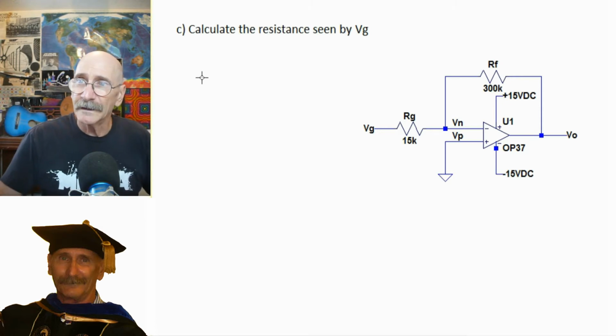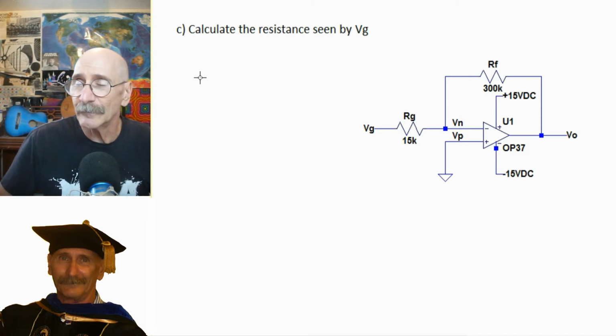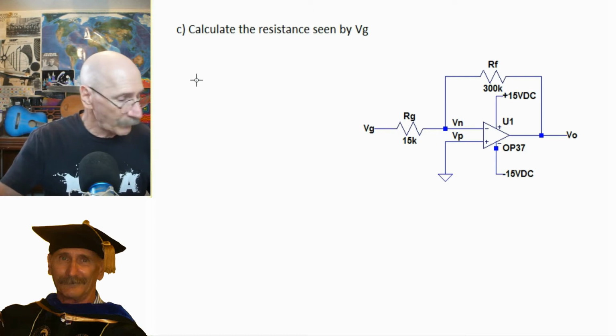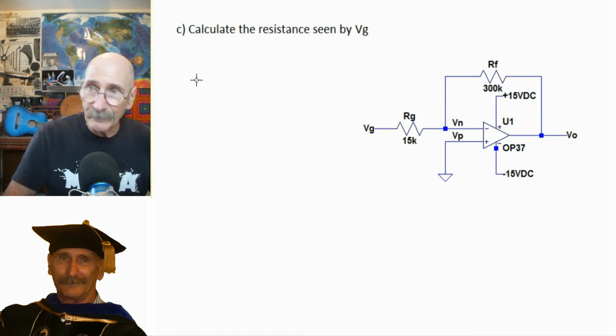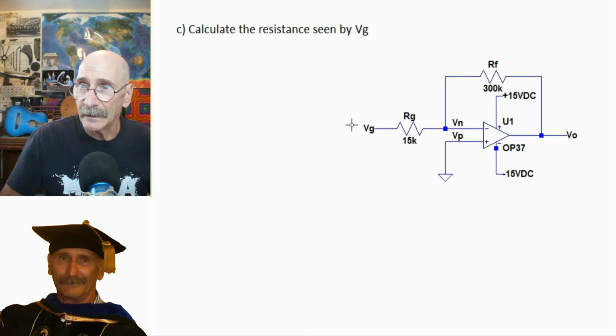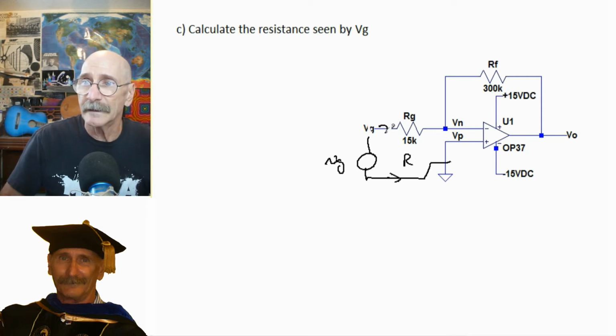So part C is, in the ideal case, calculate the resistance seen by Vg. Once again, we use that same formula. Vg is just here at the input, and we can pretend there's a Vg right here, attached, and we're looking at the resistance going into the circuit.